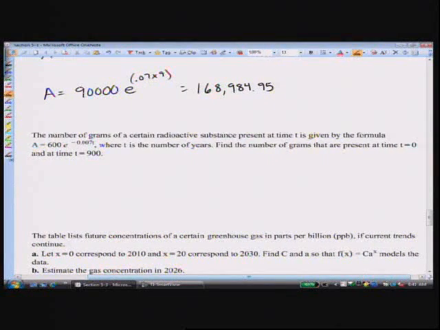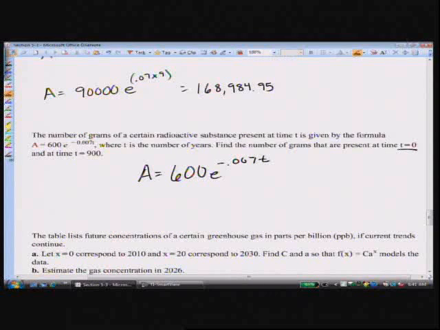It says the number of grams of a certain radioactive isotope present at a time t is given by the formula A equals 600 e to the negative 0.007 t, where t is the number of years. Find the number of grams present at time t equals 0 and at time t equals 900. Oh, well, that's easy, right? We're just going to put 0 in for t and find the answer, and then put 900 in for t.